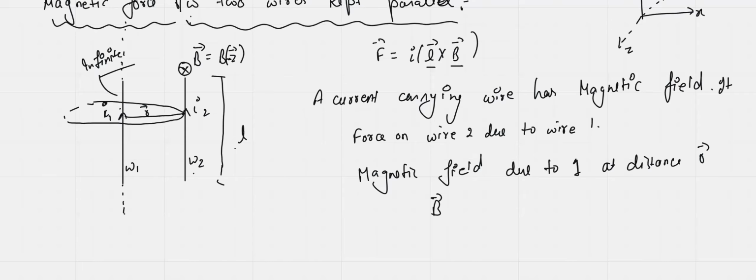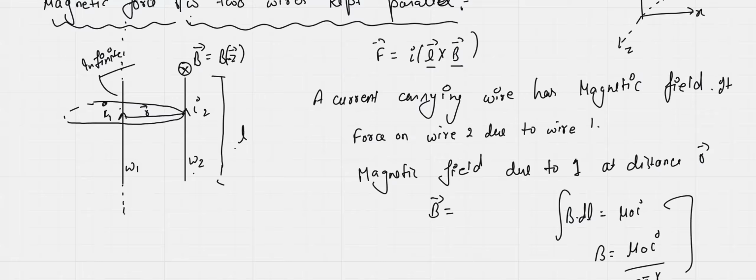Here I have already taught you how to calculate the magnetic field of an infinitely long wire. You have already calculated this, right? If you simply go by Ampere's circuital law, what does that law say? That B dot dl equals mu naught I. So the magnetic field from here comes out as mu naught I divided by 2 pi r.